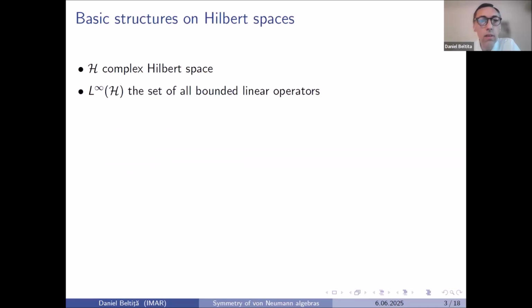The notation that I said was a bit unusual is this one. By L infinity of H, I will denote the set of bounded linear operators, in order to suggest that this is a kind of non-commutative analog of the space from measure theory.